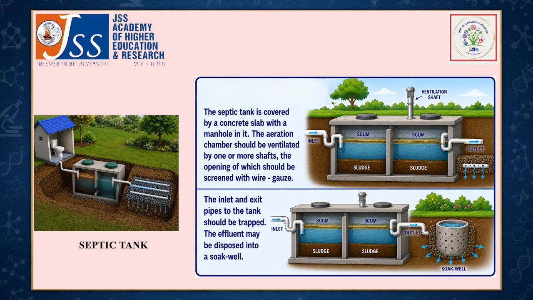The septic tank is covered by a concrete slab with a manhole in it. The aeration chamber should be ventilated by one or more shafts, the opening of which should be screened with wire gauze. The inlet and exit pipes to the tank should be trapped. The effluent may be disposed into a soak well.